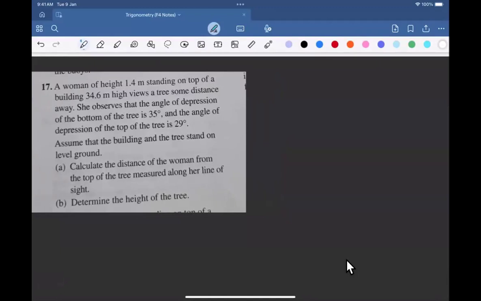She observes that the angle of depression of the bottom of the tree is 35 degrees, and the angle of depression of the top of the tree is 29 degrees.